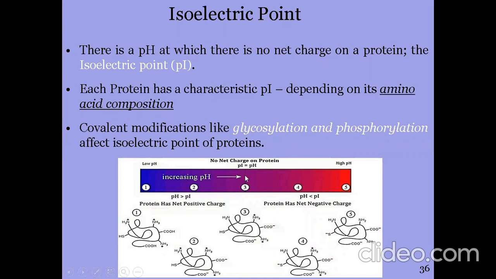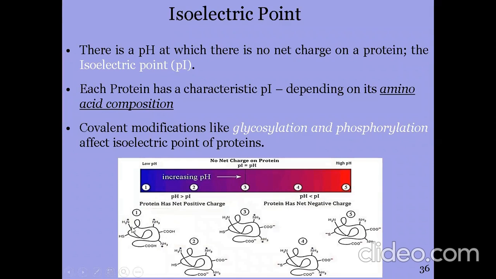So here the hydrogen ion concentration is more than the pI, and here the hydrogen ion concentration is less than the pI. Here the protein has a net positive charge, and here the protein has a net negative charge. And at this point, the negative and positive charges are equal. There is no net charge on the protein.